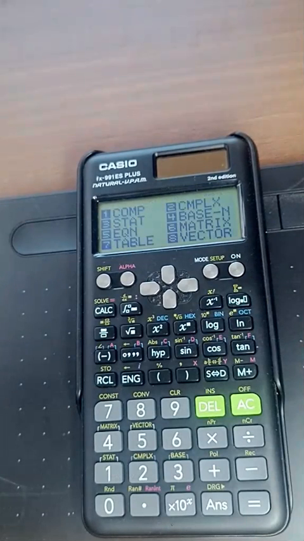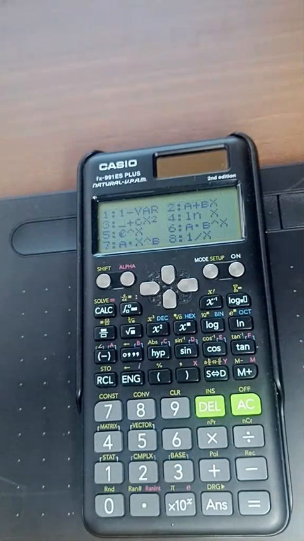When you are dealing with computations that involve statistics, like single variable statistical calculations, when you want to calculate the standard deviation, or maybe the sample standard deviation, the mean and the variance and all that, the sum, you simply use STAT.